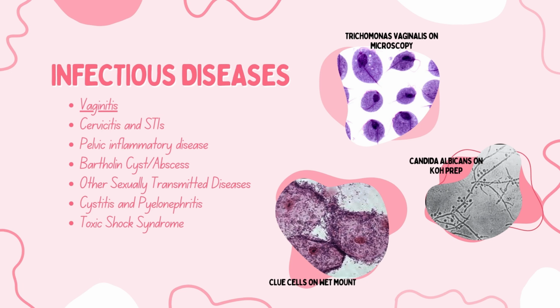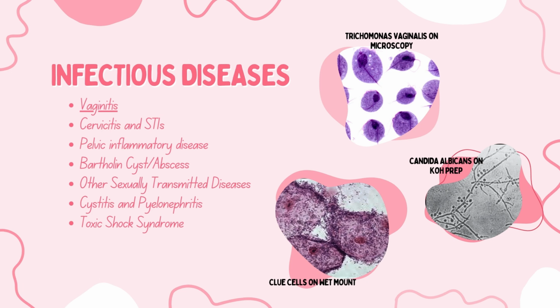If there is purulent discharge, numerous leukocytes on the wet prep, cervical friability, or any symptoms of pelvic inflammatory disease, move on from vaginitis and work this up as cervicitis.